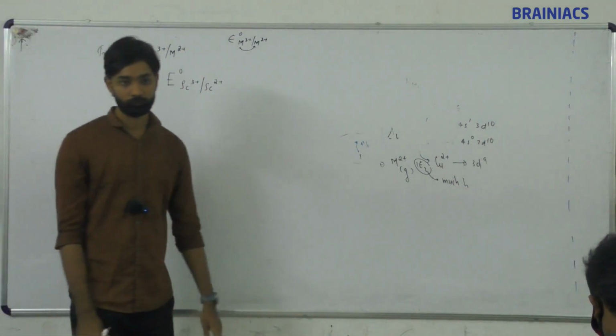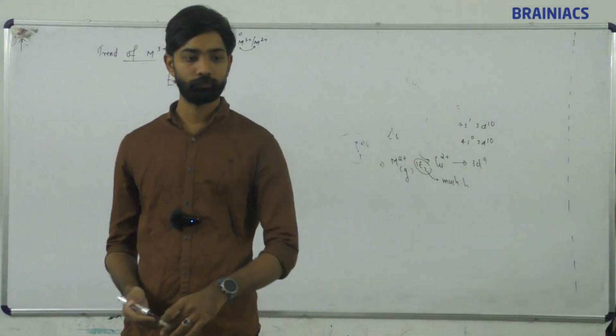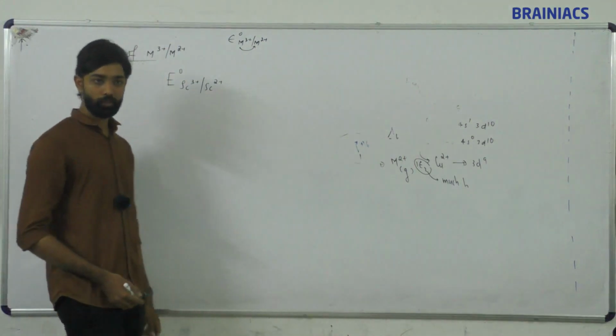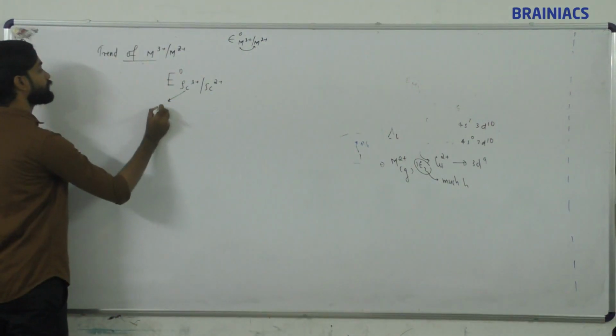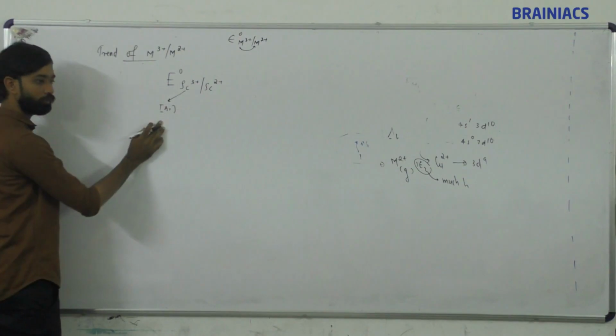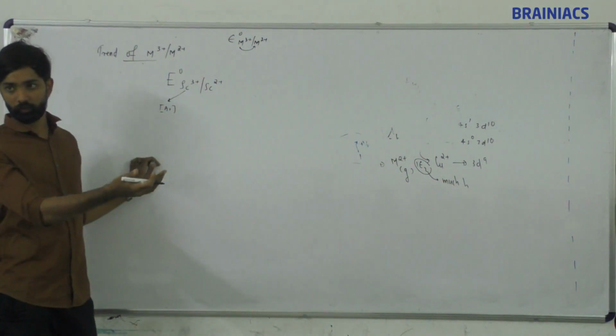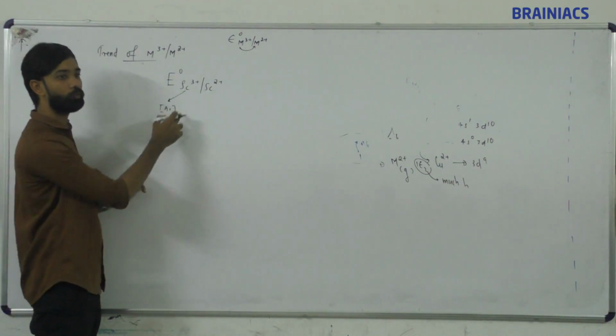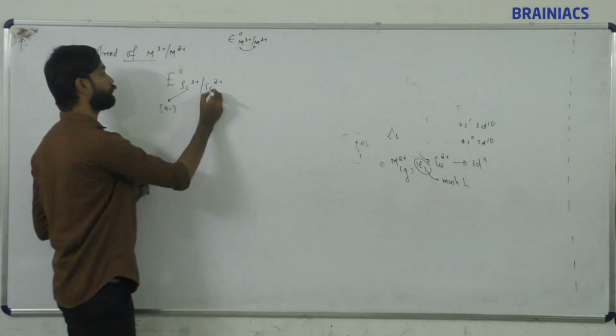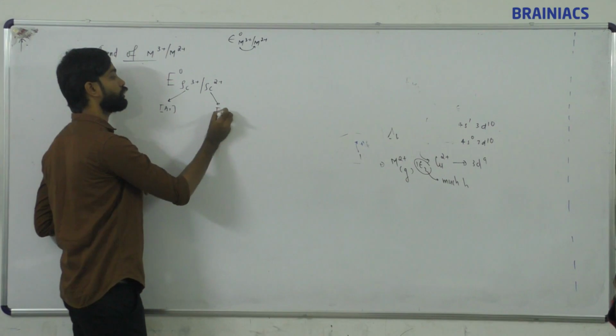Low. Why is it low? Sc3 plus has an argon configuration. Scandium is argon 4s2 3d1, so once it loses 3 electrons, it becomes the noble gas argon configuration, where Sc2 plus is not much stable.